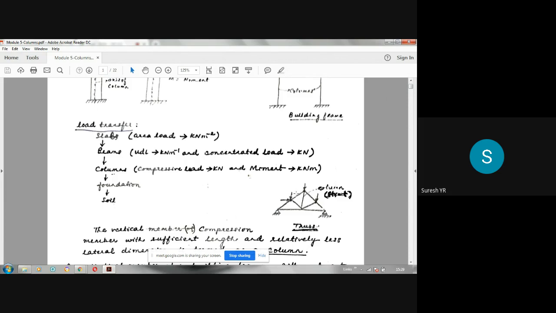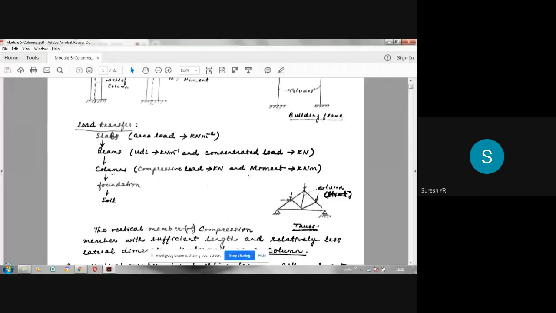Some of the members are subjected to tension force. Some of the members are subjected to compression force. In the case of trusses, if the force in a member is compression, that member is called a strut. STRUT. So a strut is nothing but a compression member. This is the word we are going to use in the case of a truss.